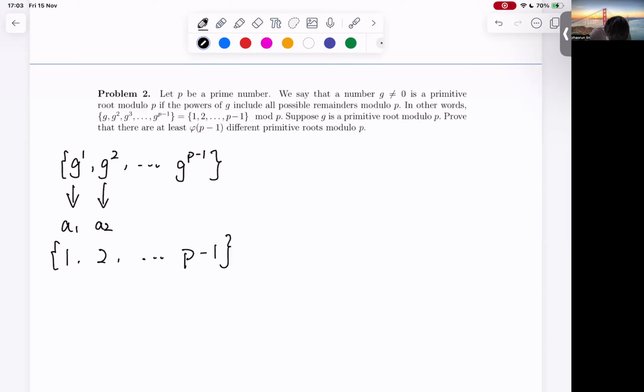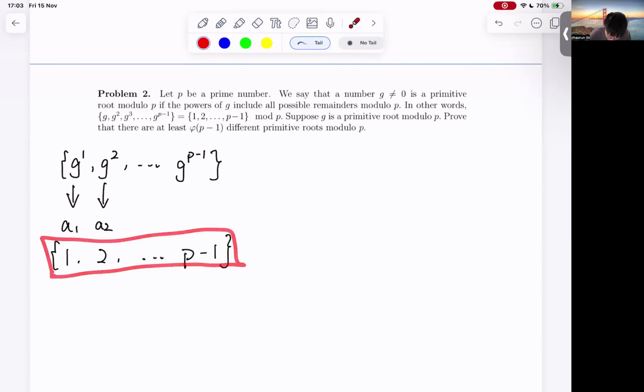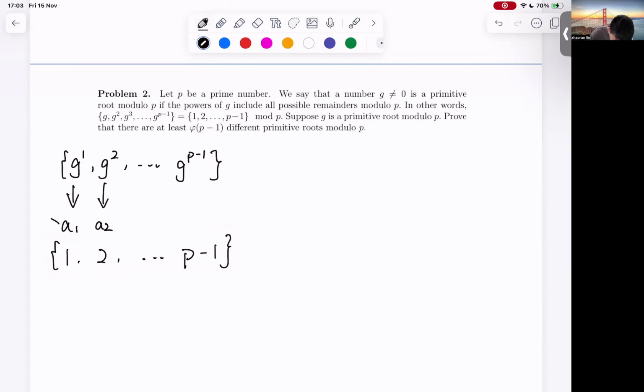But it doesn't necessarily have to be in this order. So this is the primitive root.